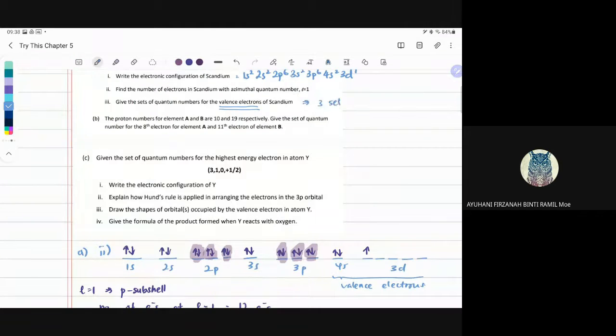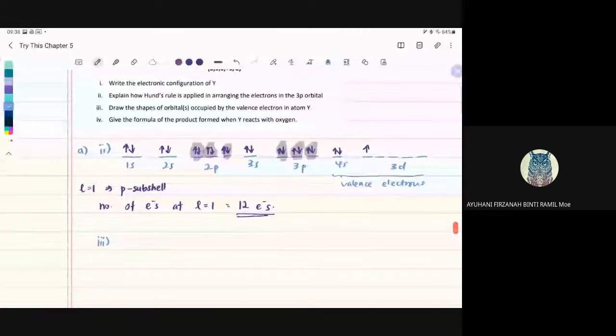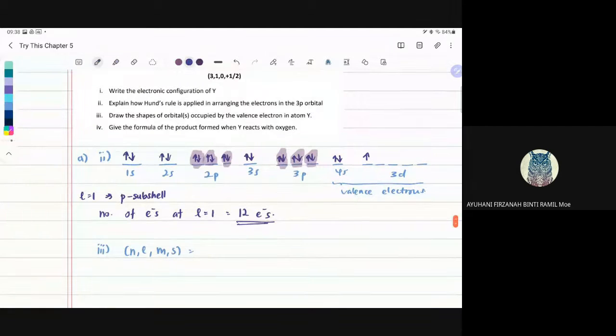Jadi untuk soalan nombor 3, so kita tahu N, L, M, S dia sama dengan, so ada 2 dekat 4S, jadi kita akan letak 4, 0, 0, negative half, 4, 0, 0, positive half, sebab 2 electrons ini dekat orbital yang sama, subshell yang sama.